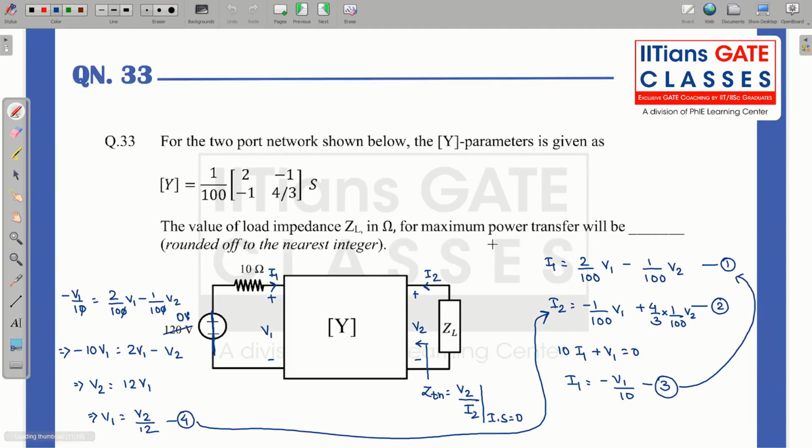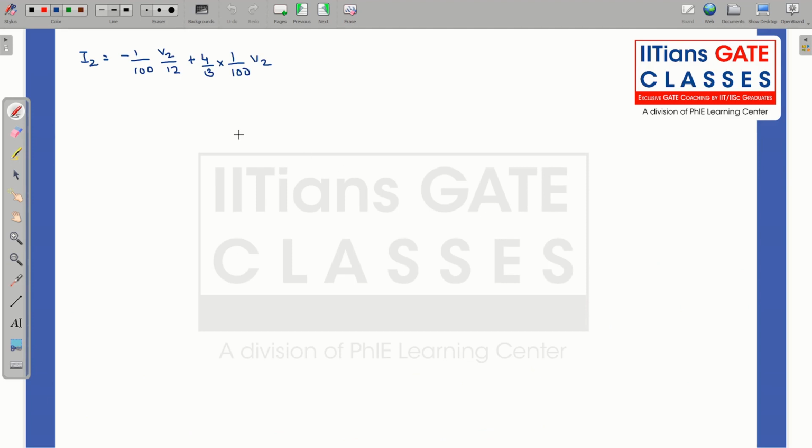Okay, so now this whole expression is in terms of V2 and I2. So let me take this 100 over here. So this will be 100 I2 is equal to minus V2 by 12 plus 4 by 3 V2. So multiplying LHS and RHS by 12, this will be 1200 I2 is equal to minus V2 plus 16 V2.